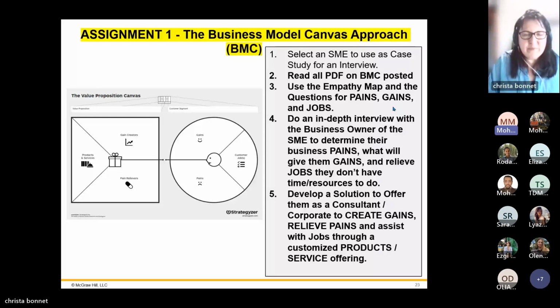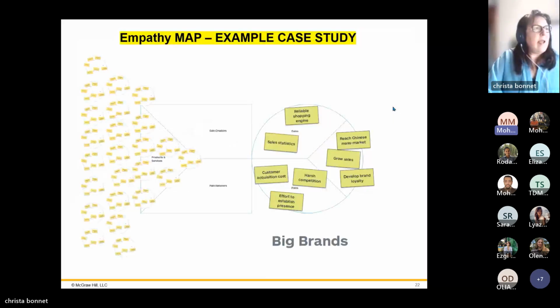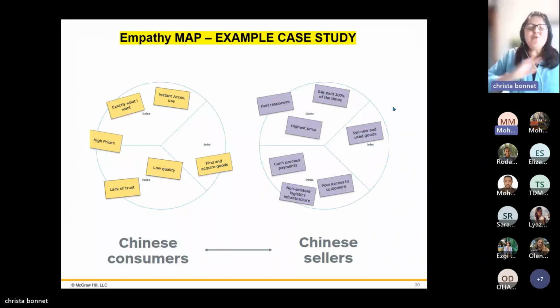But the last two slides that we have seen, can you go back to the previous two? This one, where we have the two sides, the Chinese sellers and Chinese consumers, as an example. What I'm saying is that I am concentrating on one of them.